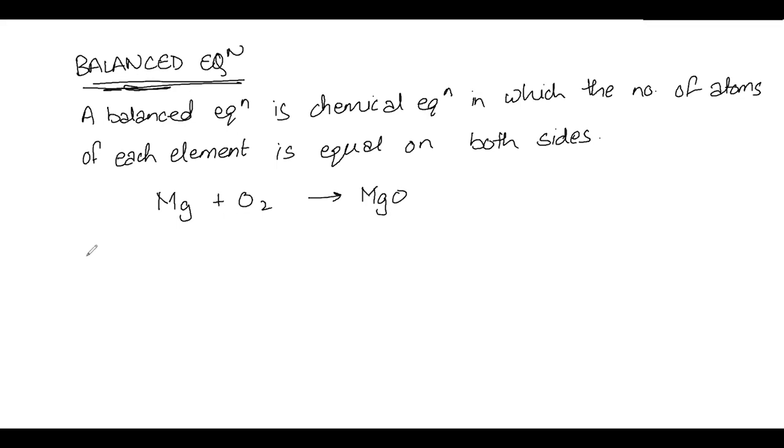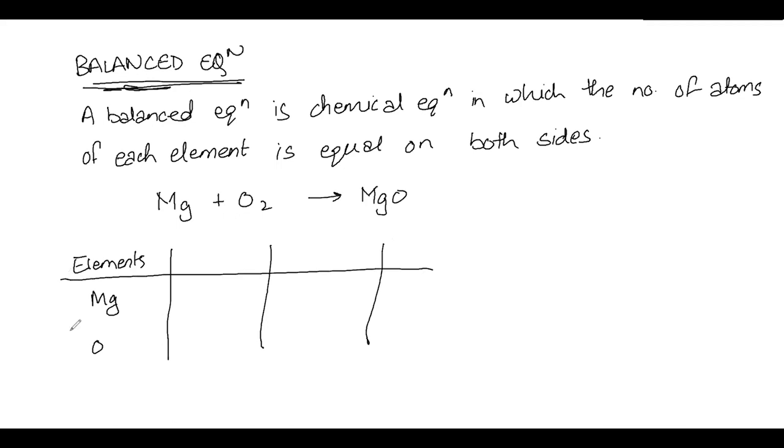Okay, so now we see our reactants that are Mg and O2. Sorry, this will be elements. Elements are Mg and O. So we'll have this table to give us an idea about what is happening.